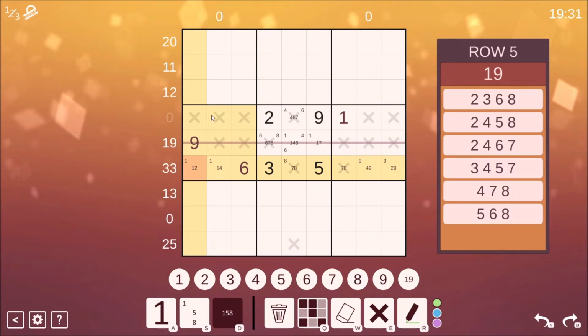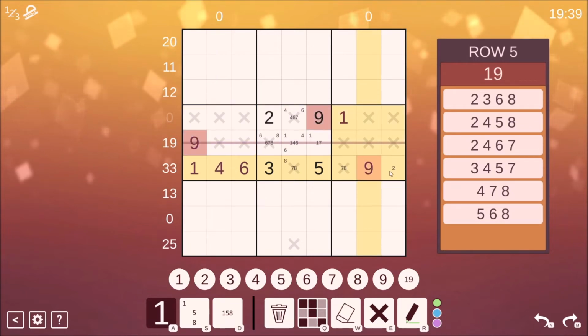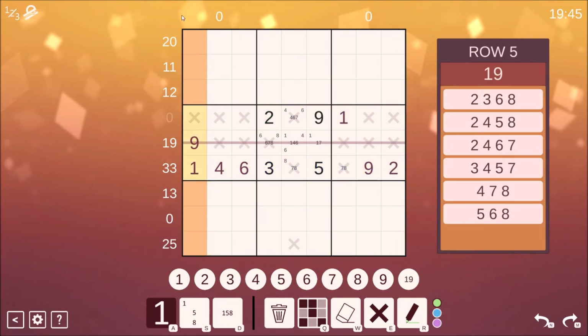So we can actually go ahead and place our 1 right here. And we can place the 4, the 9, and the 2. And block out the 1 or 9 combo and the rest of those.